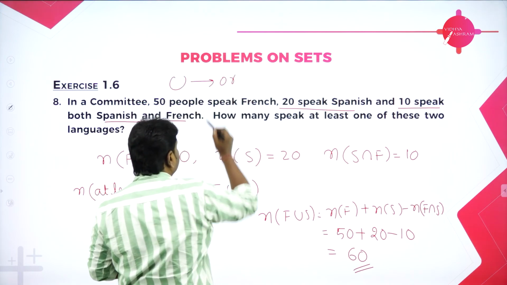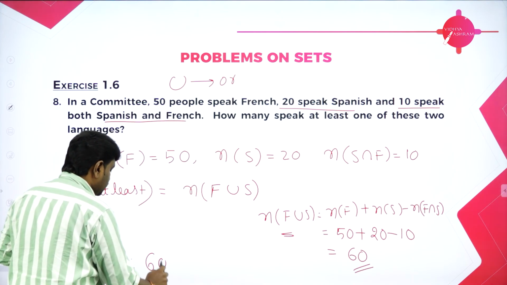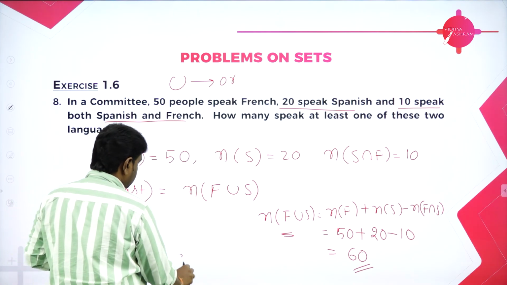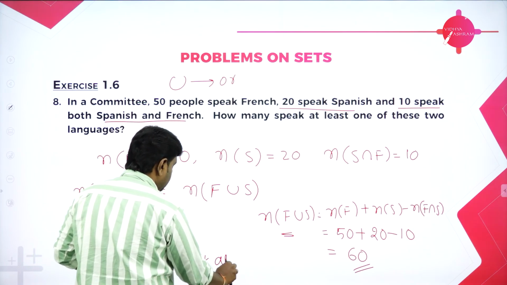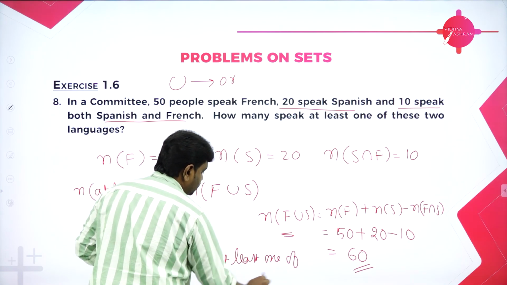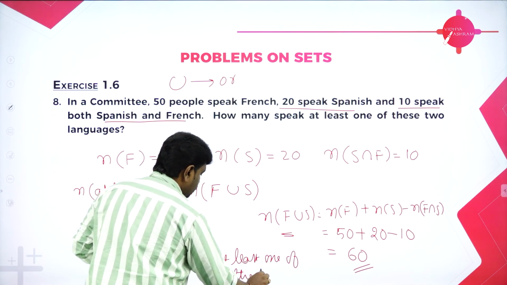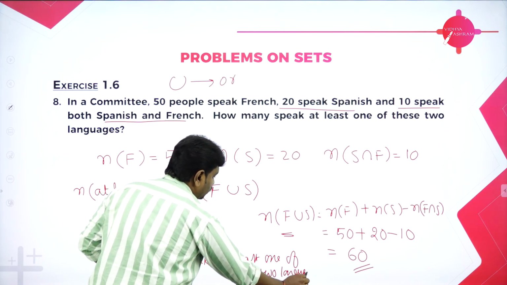So that's why for at least one we use this operation. So write the conclusion: therefore 60 speak at least one of the two languages. How many speak at least one of the two languages?